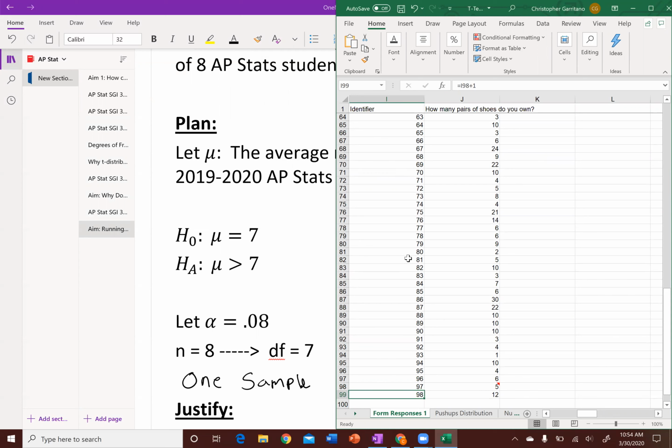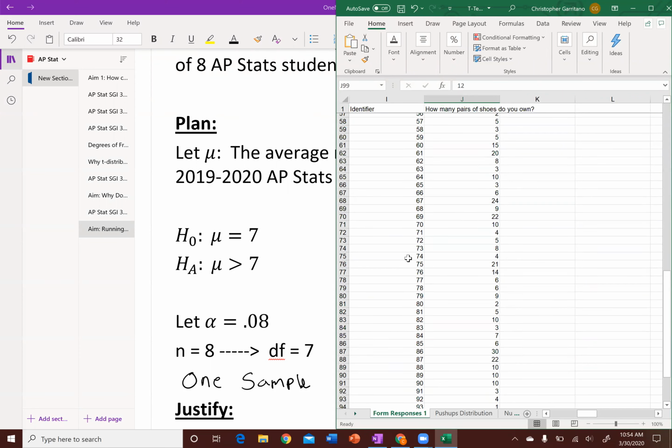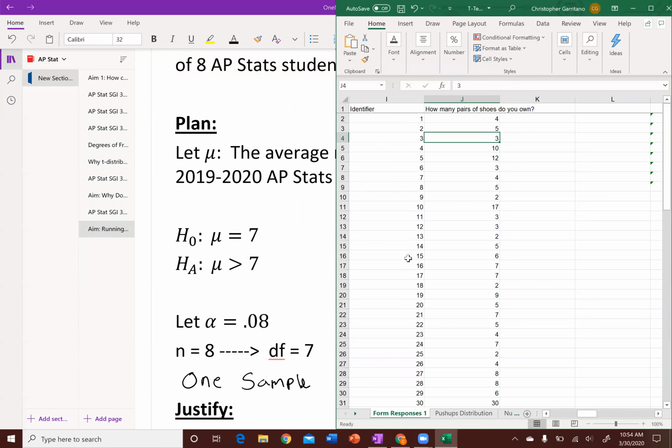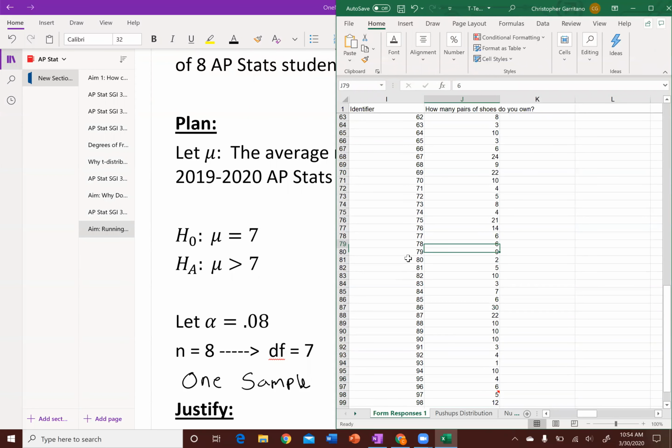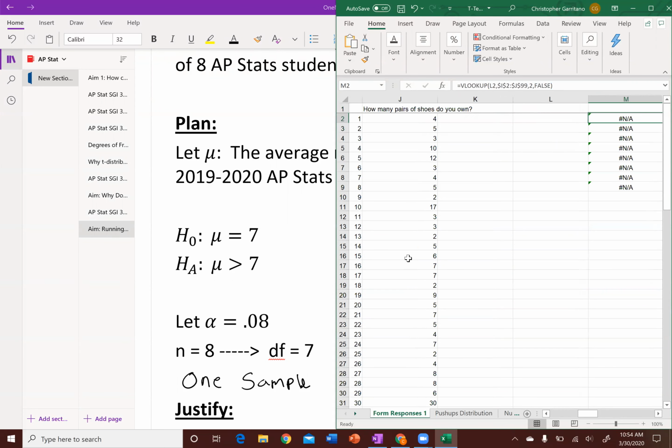Only 98 responded out of, I believe, like 104, so not terrible, actually pretty good. In the second column are the actual responses to that question. Interesting, some of you own a lot of shoes, I have to say. I was kind of shocked by this, but that's fine.